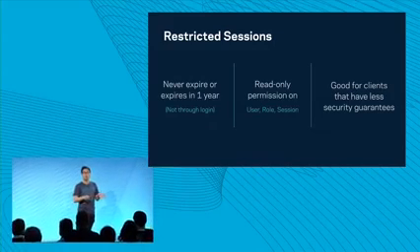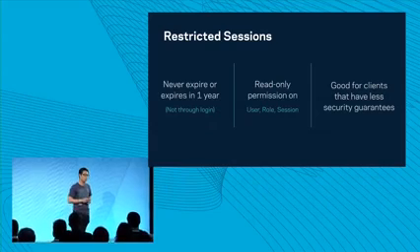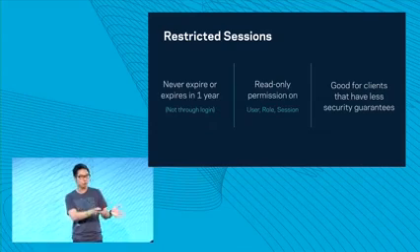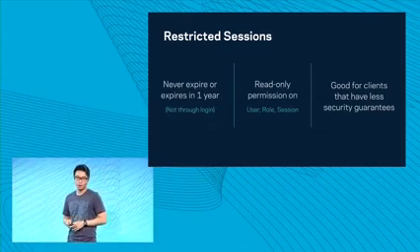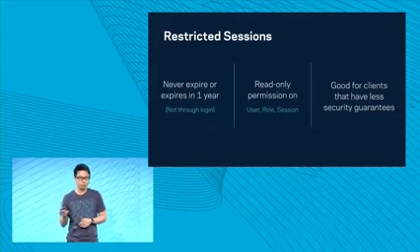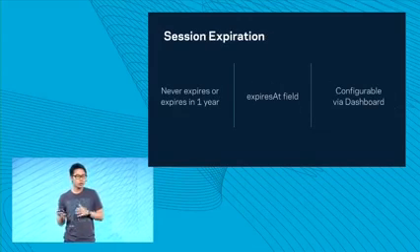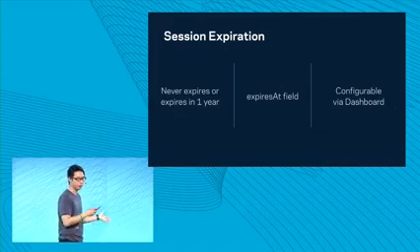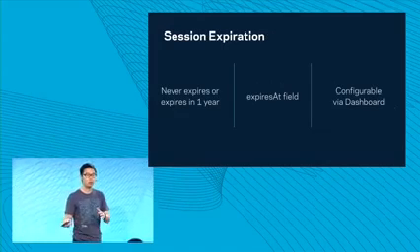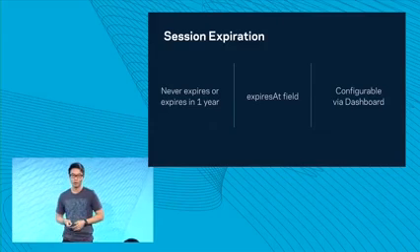So again, in many IoT instances, you may want to use restricted sessions. And Francie will delve a little bit more into that when we talk about IoT scenarios. You also get session expiration, and you can configure this to expire in 1 year or never expire, and that's configurable via the dashboard.